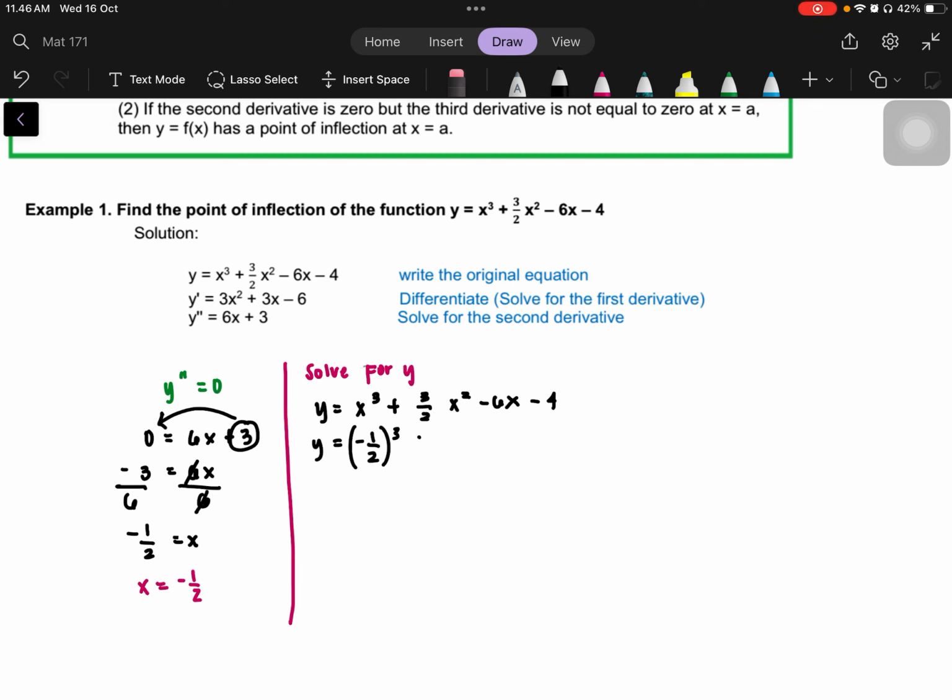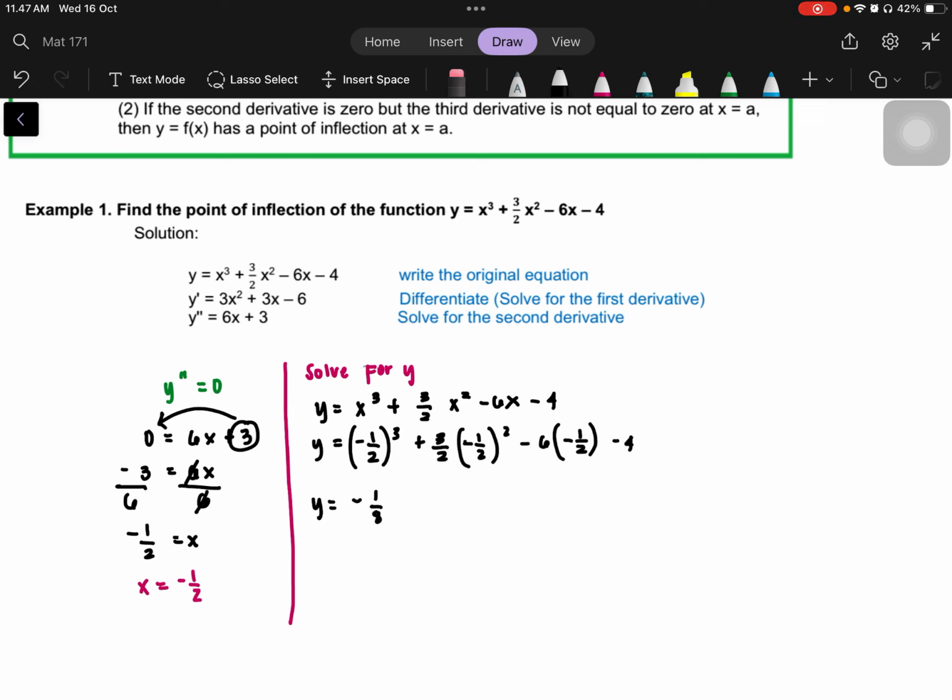Then, substituting, y is equal to negative 1 half cubed plus 3 halves then multiplied by negative 1/2 squared minus 6 multiplied by negative 1/2 minus 4. Okay. So, dito, ano natin?